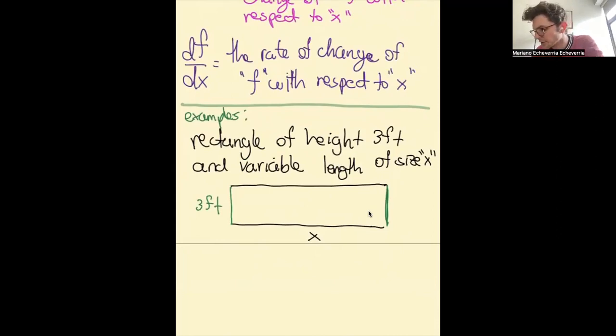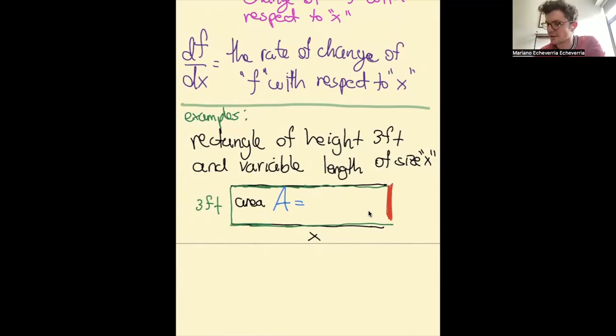Okay, let me use a different color for the last side actually. So if you think of this last side of the rectangle as some sort of sliding wall, as you move it, that will change the area of the rectangle, right? So the area of this rectangle, let's call it A, is just 3 times x, right?